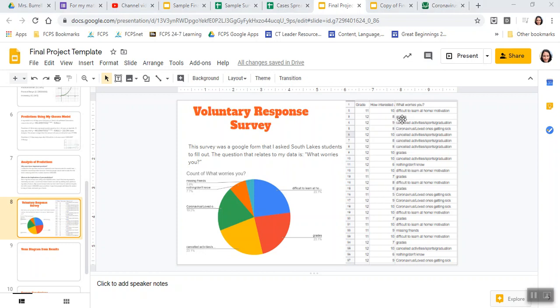Okay, so I chose the one about people who are worried about canceled activities. People who are worried about prom and graduation, baseball season being canceled. And I thought that the people who were worried about canceled activities might have a high level of interest in the question. So for my Venn diagram, I chose people who had an interest level of 10 and also who were worried about canceled activities.